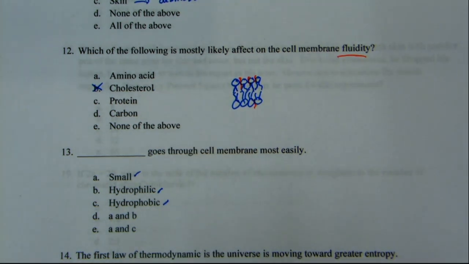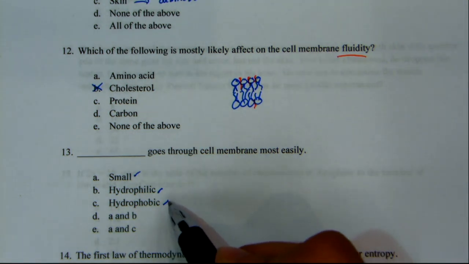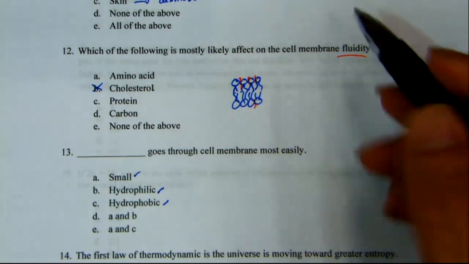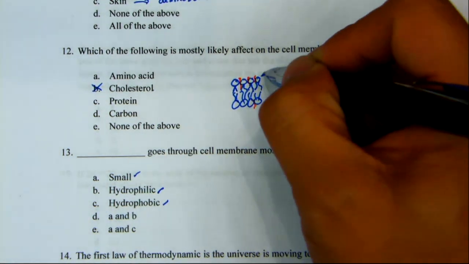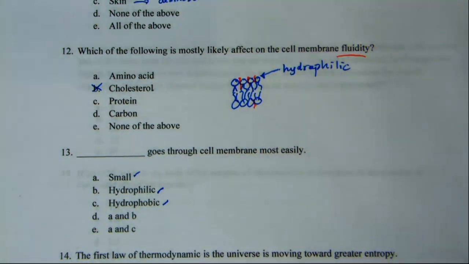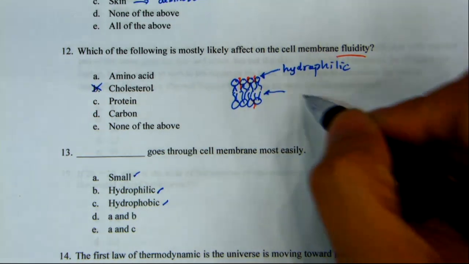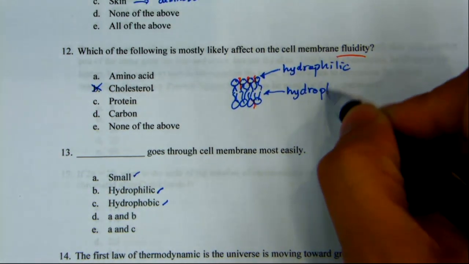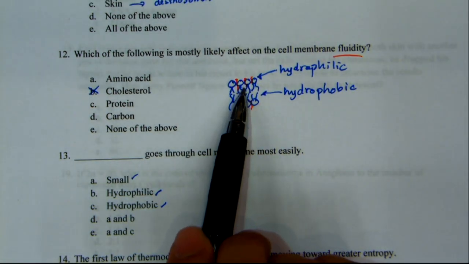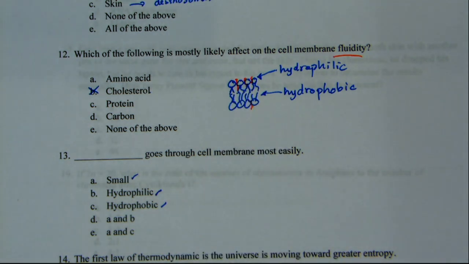Which one is the hydrophilic part? This one is hydrophilic, right? Because it has polar. But this part is hydrophobic. Okay, so even if it gets through the first part, once it gets into the hydrophobic part, it's going to get repelled. So it can't really get through.